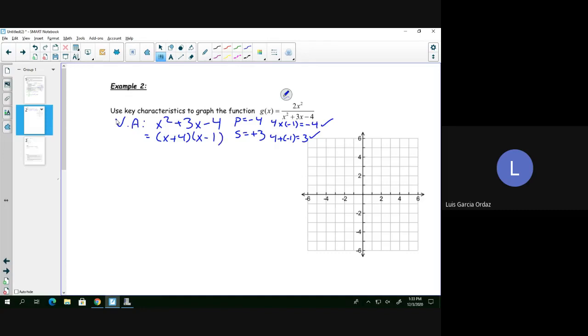So where are our vertical asymptotes located? x is equal to -4 and +1. Okay, so let's start by plotting that out.